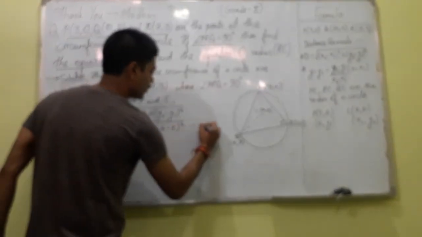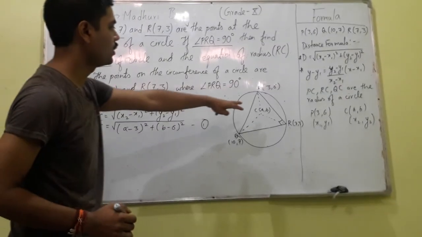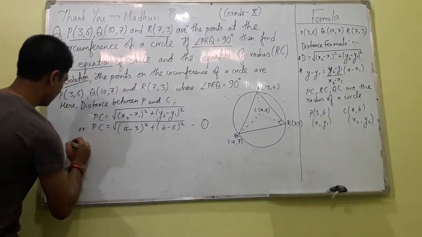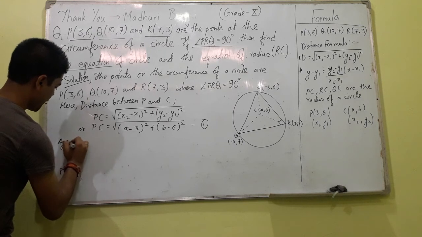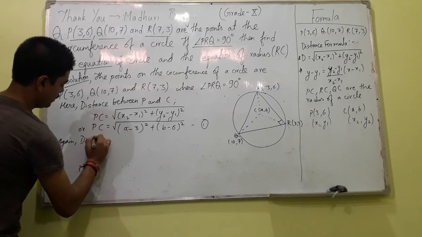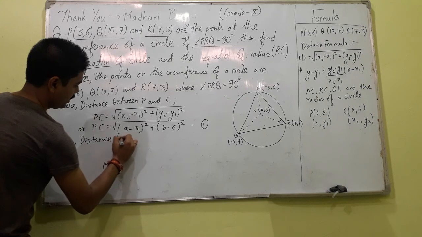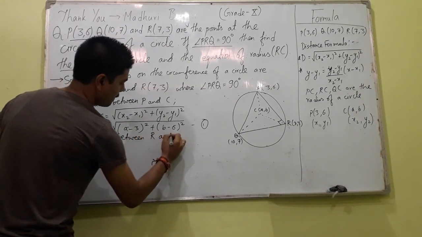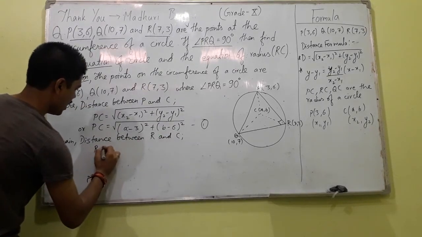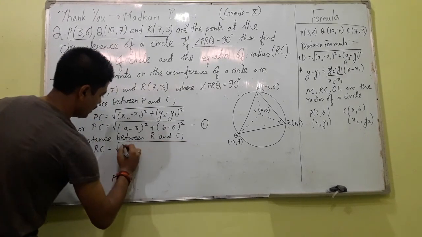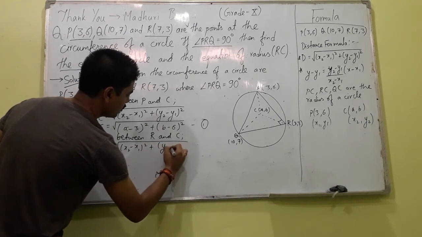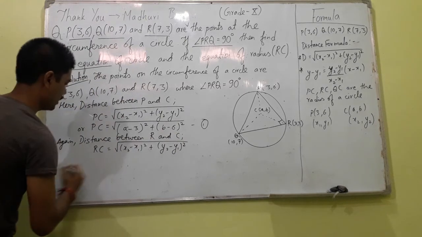So x2 means A minus 3 whole square, y2 means B minus 6 whole square. You don't have to solve this equation, you just call it equation number 1, because we have to do similarly for RC and QC as well. Again, distance between R and C. RC equals square root of x2 minus x1 whole square plus y2 minus y1 whole square.